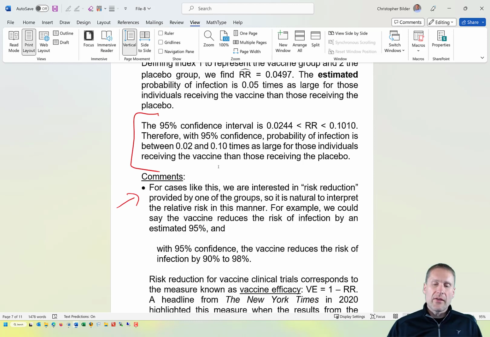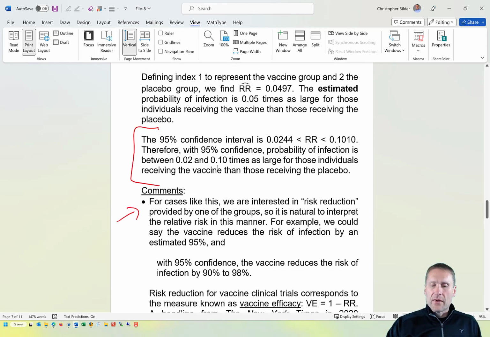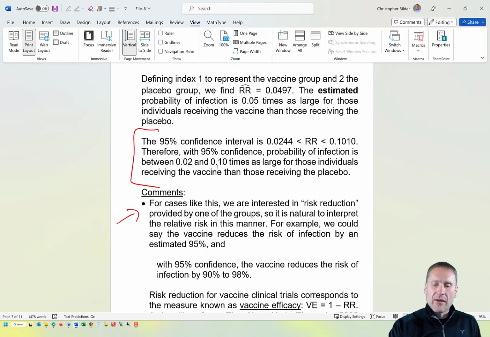And so very often you will see people, instead of using 0.0497 and interpreting that directly, interpret 1 minus 0.0497, which would be then 0.9503.